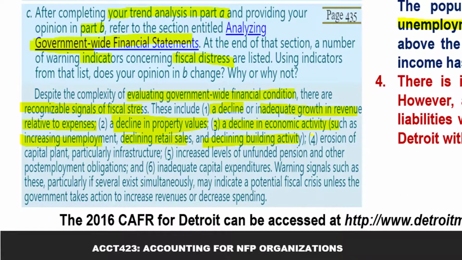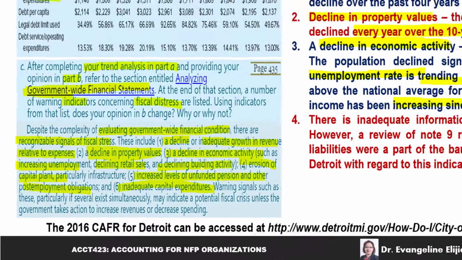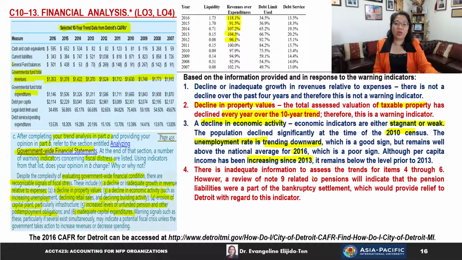What about the rest of these warning signals indicated in your textbook, such as the erosion of capital plant, increased level of unfunded pension and other post-employment obligations, inadequate capital expenditures? Well, there's just no adequate information to assess the trends for items 4 to 6.